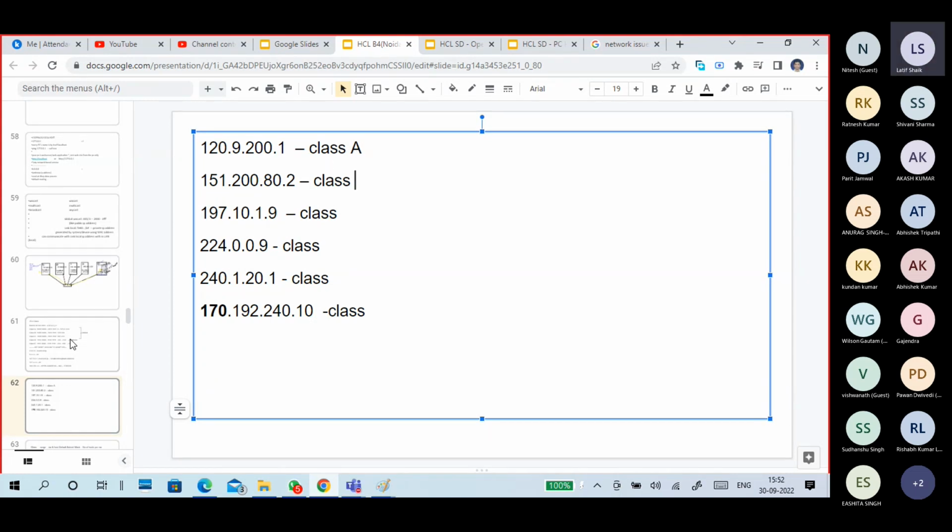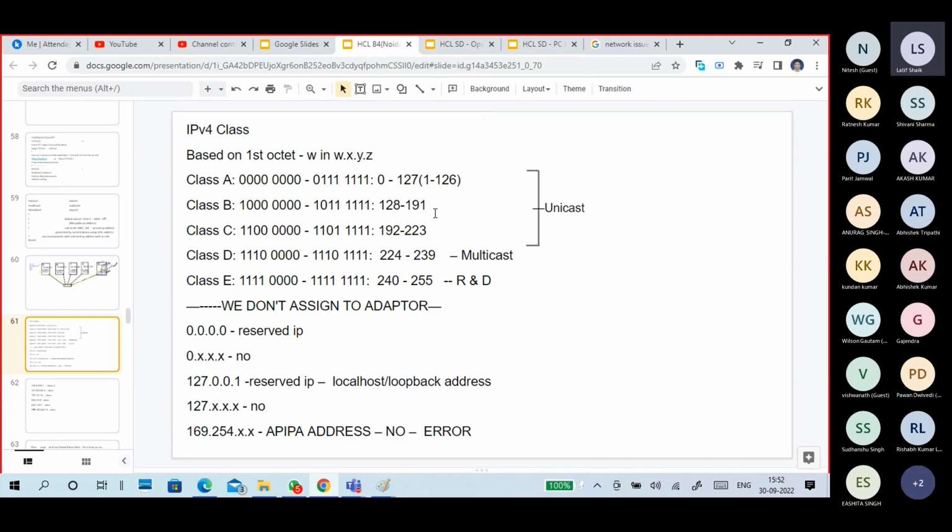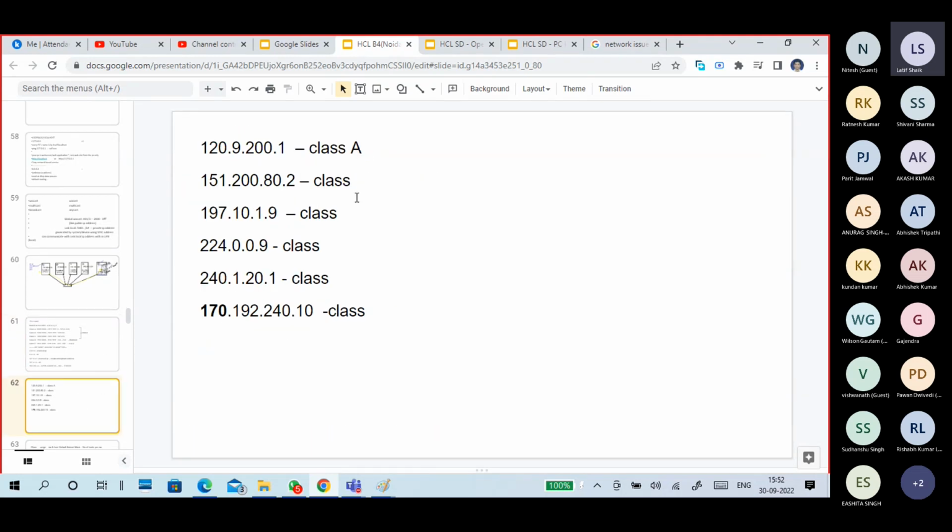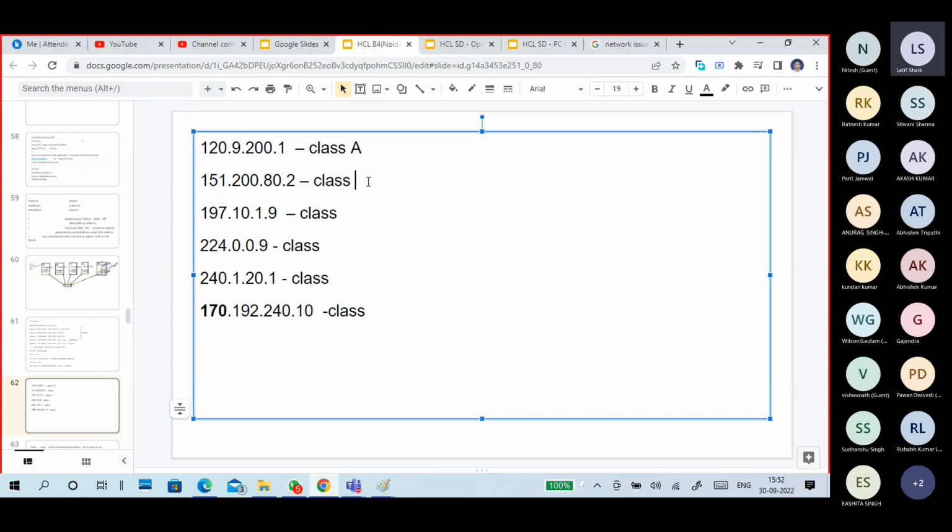Check with the table. 151, it is a B. And this is 197. 197, check the ranges, it is class C. It's a multicast address, class D.